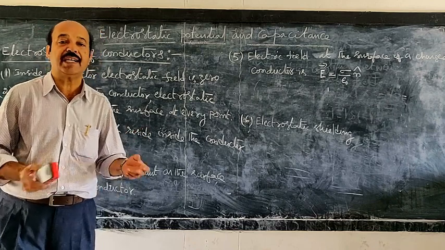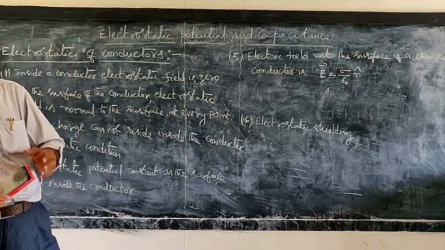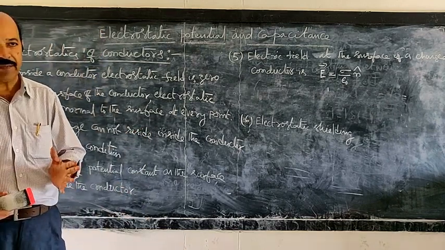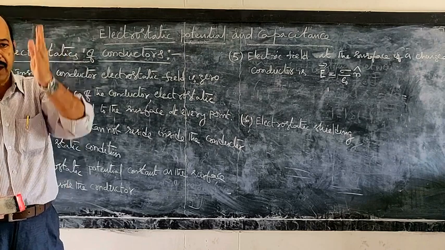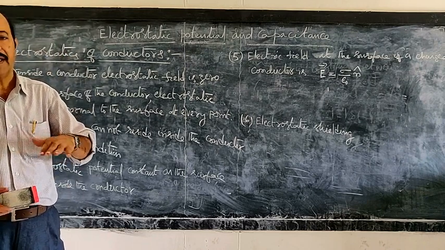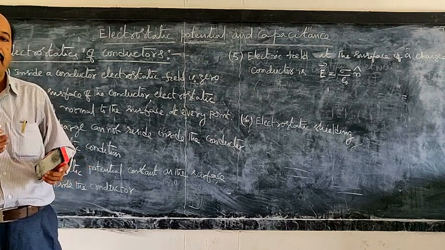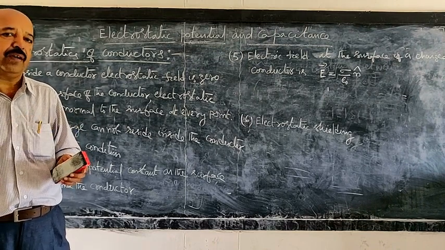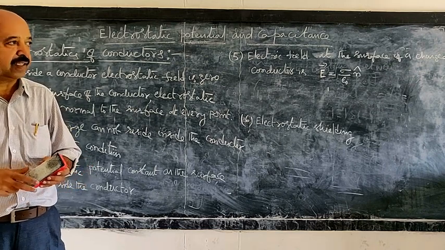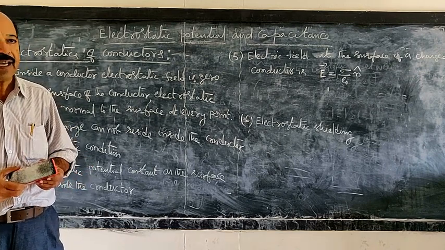But we are talking about static condition. So the electrostatic field should always be normal to the charged conductor on the surface. Only then there cannot be any flow or mobility of the charge carriers, and there will be no electrical current.